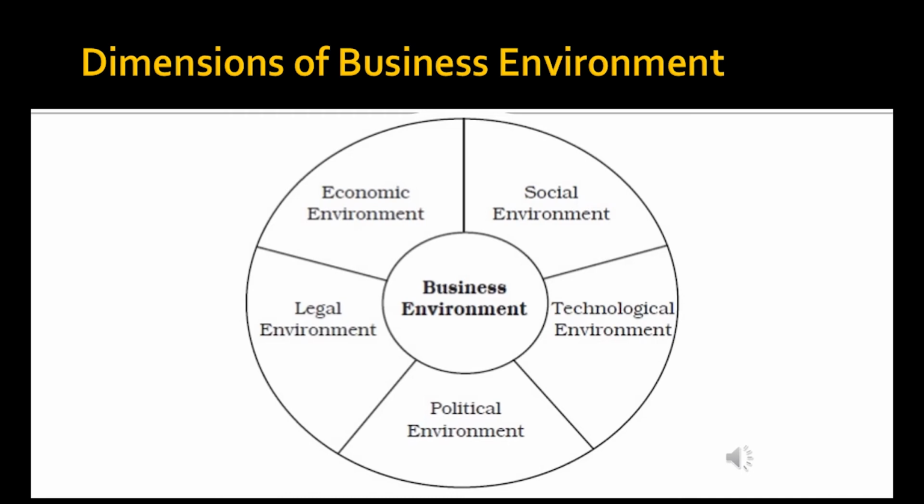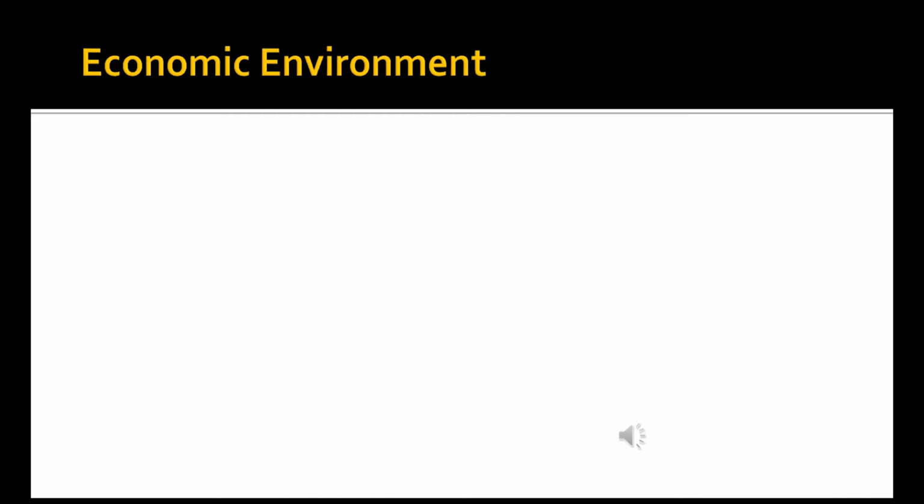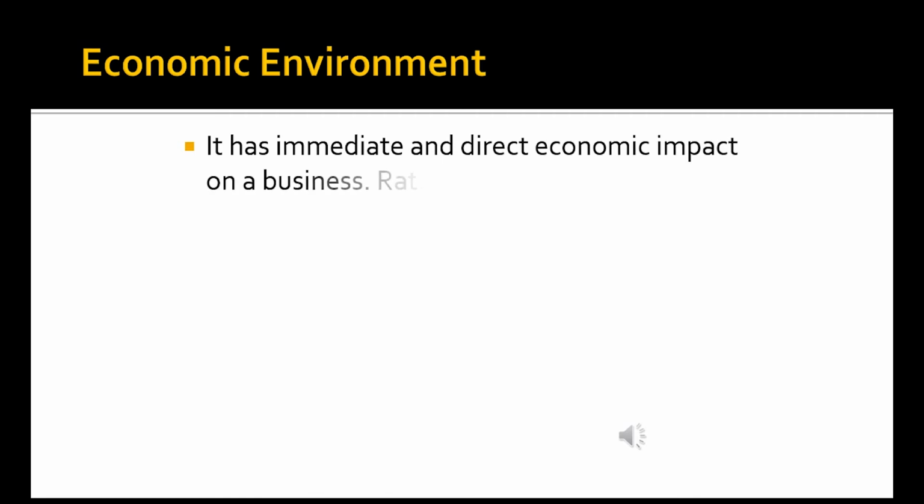So from this circular flowchart, we can understand that economic environment is related to the economy, interest rates, inflation rates, changes, factors affecting business environment. The first one is economic environment. Economic environment has immediate and direct economic impact on a business.